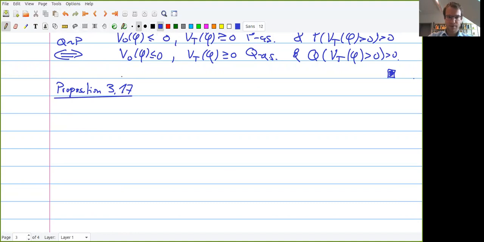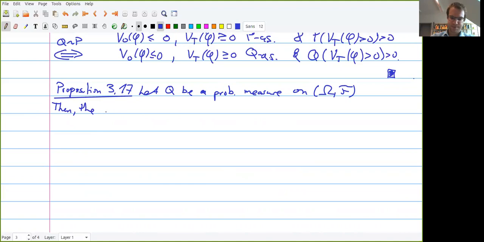Let us start by considering a probability measure Q on our underlying measure space, omega F. And now the following conditions are equivalent.